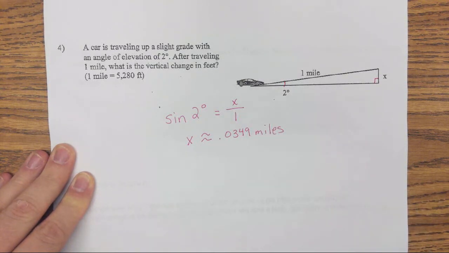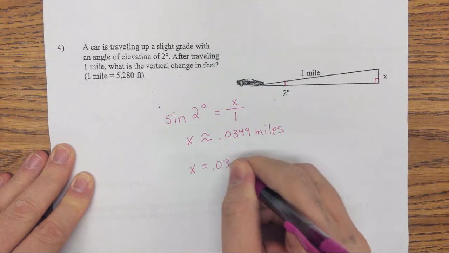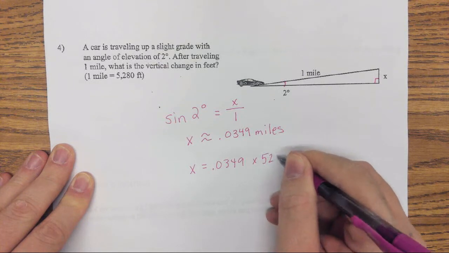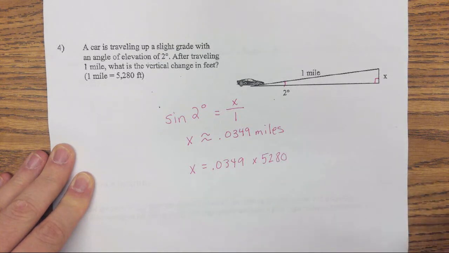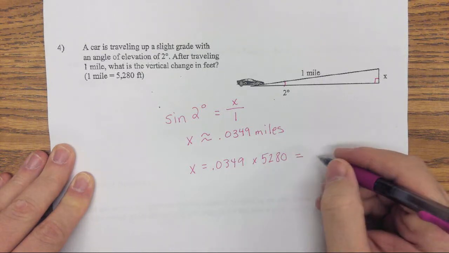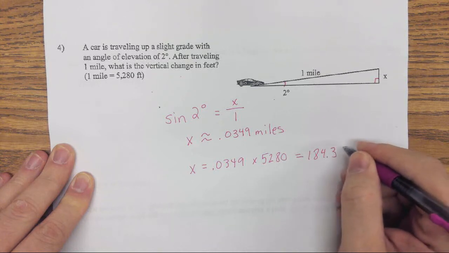But maybe we want that in feet, so x equals 0.0349 times 5280, because 5,280 feet are in a mile, and that is going to be 184.3 feet.